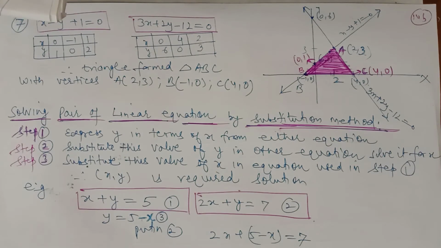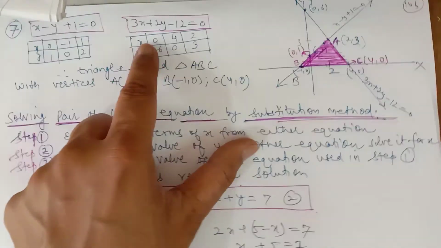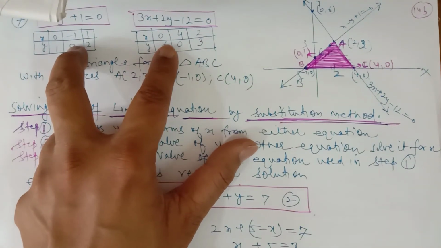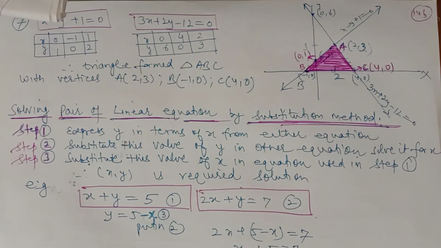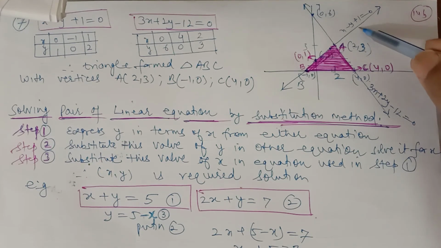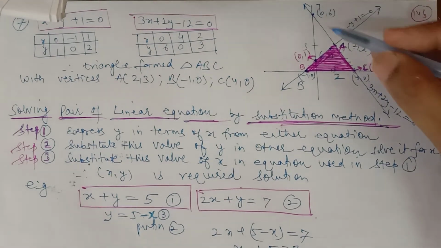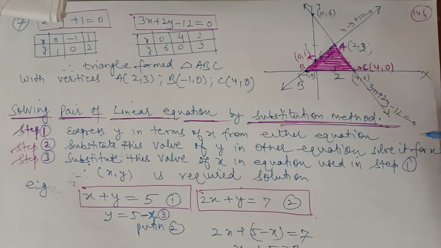Now up to this we have done the graphical solution of simultaneous equations. To draw the graph of the equations you have to take at least 3 solutions, draw this solution set, then mark these points on the graph paper with a proper scale, and write above the line the equation which represents that line, that is, this line represents x minus y plus 1 equal to 0, and this line represents 3x plus 2y minus 12 equal to 0.